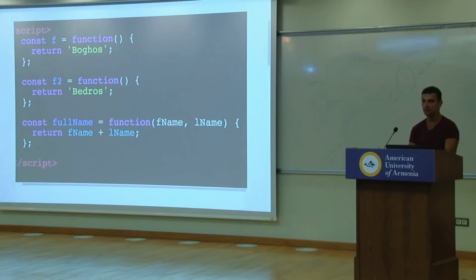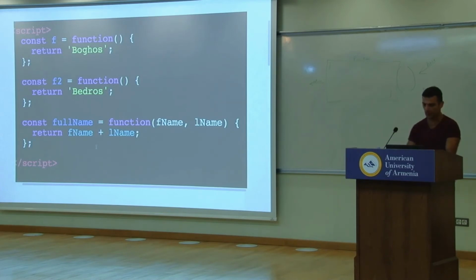Like that? Why? Why is this not a good idea? What's the result of this? Right, assuming the inputs are boros bedros, right? Okay, so for now, let's leave it. We'll see the problem, then we'll fix it, yeah?